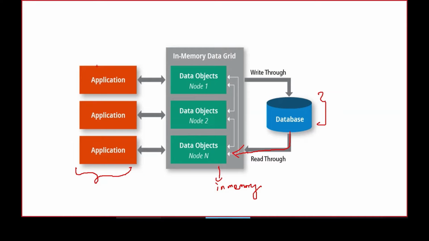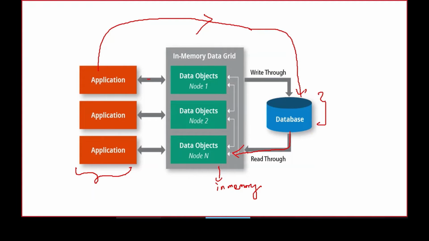Similarly, there are cases where you can write data directly to the database. We can use only read-through. We might not be using the in-memory data grid for writing the information. There are some strategies where you can directly write the information into the database, using the grid only for reading.